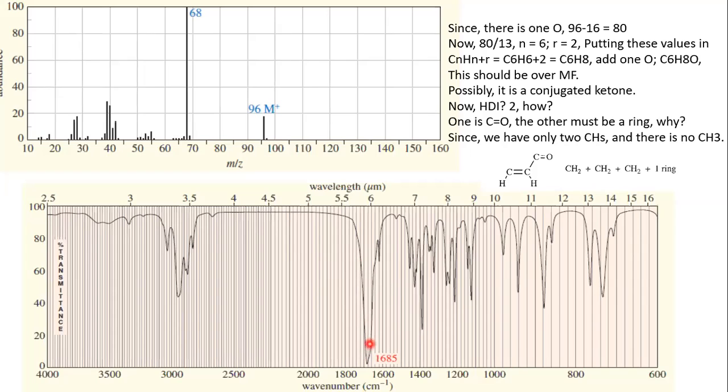This tells us that this compound has a carbonyl group. But carbonyl can be aldehydic, carbonyl can be ketonic, carbonyl can be ester, an amide, and carboxylic acid, etc. So we have carbonyl groups in many types of compounds.